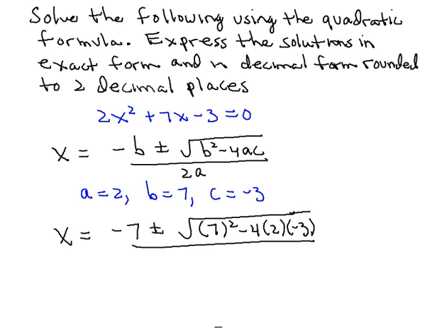This is all over 2 times our a value, which is 2. Now just a caution, be sure that your fraction bar extends all the way over, in this case underneath the negative 7.